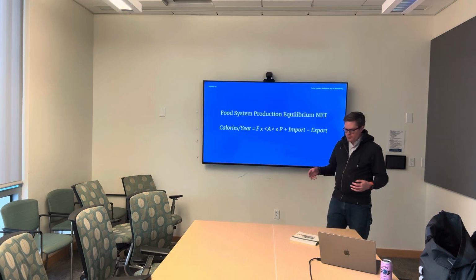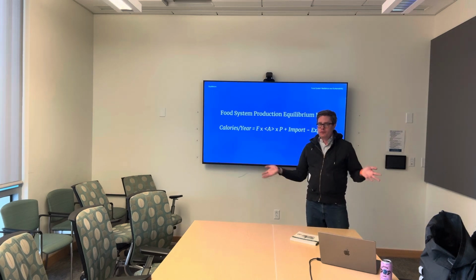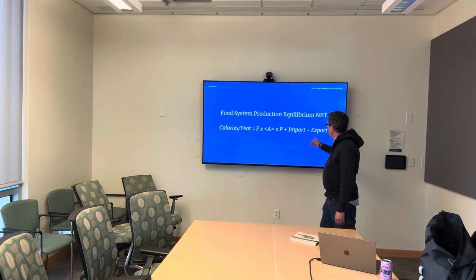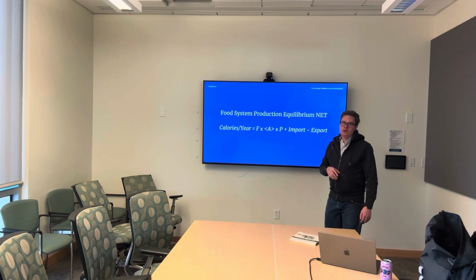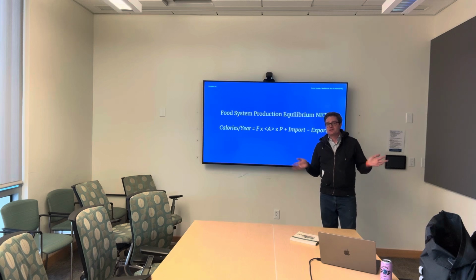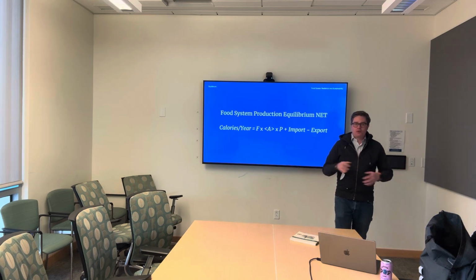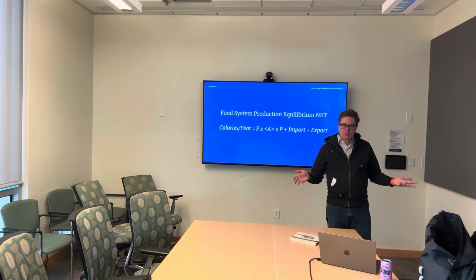So for example, the food system in California, they produce a lot of the food for the rest of the country. So this export number is huge, and they probably import very little. Meanwhile, you have somewhere like Alaska or Hawaii, where they have to import tons of their food because they don't actually produce the range of calories that they need. And so that's where you get sort of a $9 gallon of milk.